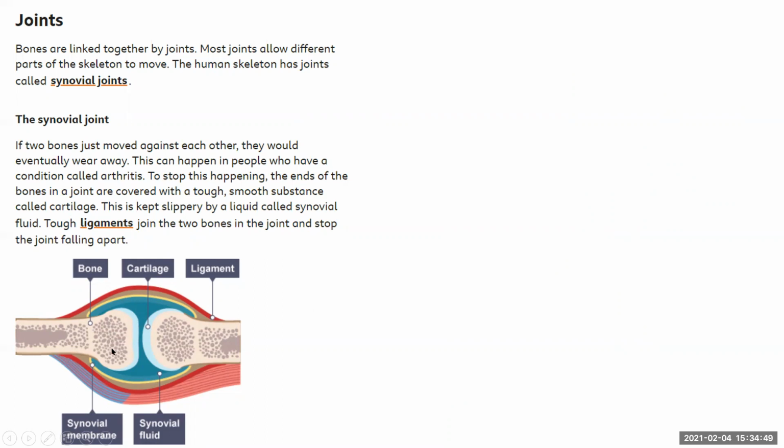If the bones constantly move and rub against each other, it will cause massive pain. This is called arthritis. To stop this happening, the ends of the bones are covered with a tough substance called cartilage, and it is kept slippery by a liquid called synovial fluid. Tough ligaments join the two bones in the joint and stop the joint falling apart.